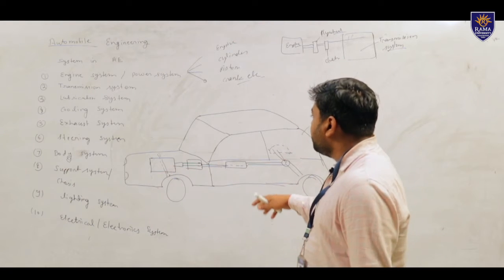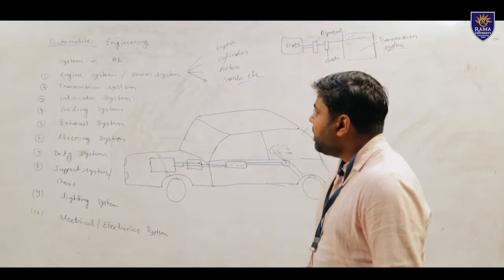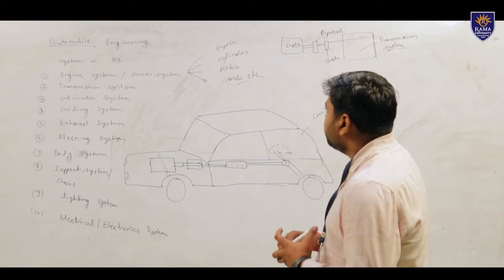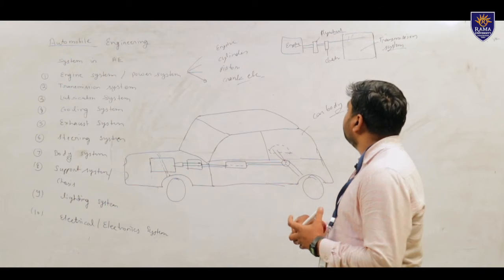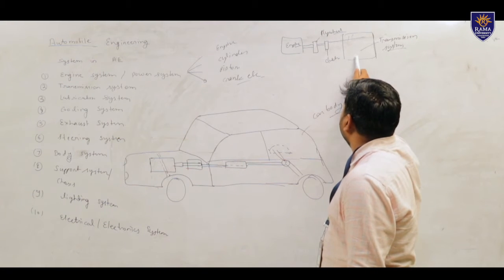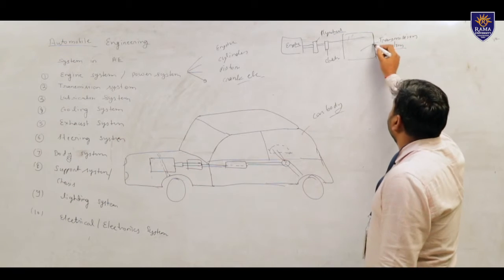Today a 9-speed gearbox is available in trucks and heavy vehicles, and in a Ferrari a 7th or 8th gear system is available. So you can see that the transmission system is made of the clutch and the gearbox, and then the rest of the transmission system is attached after the gearbox.